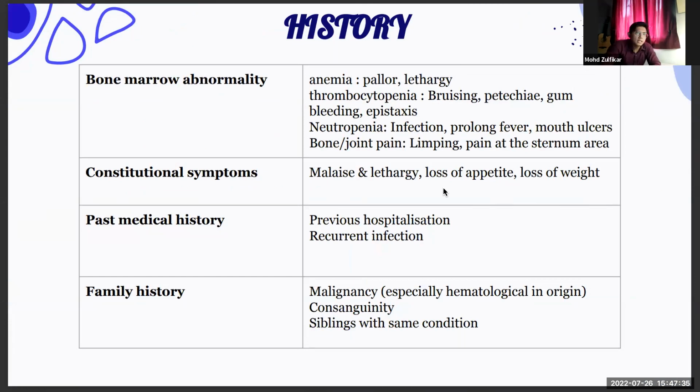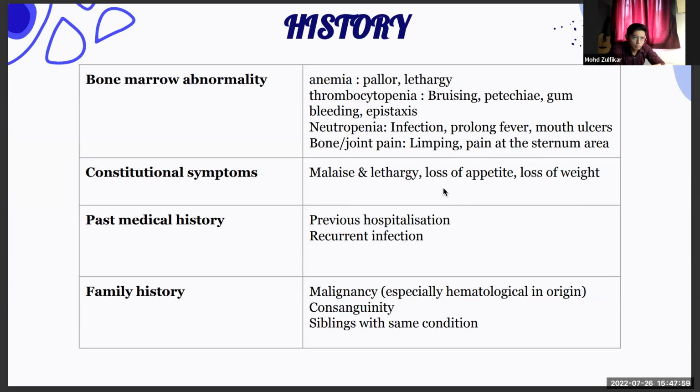Regarding the history, what should we ask the patient? The first one is bone marrow abnormality. In bone marrow abnormality, we can ask if the patient has pallor, lethargy, basically signs of anemia. Other than that, there are signs of thrombocytopenia such as bruising, petechiae, gum bleeding, or epistaxis.